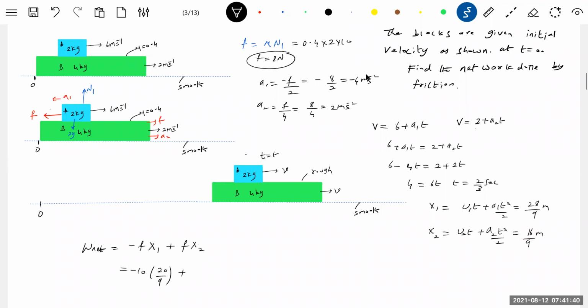Yeah, 16 by 9. So this will be 10 into 16 by 9. This is the net work done by friction.